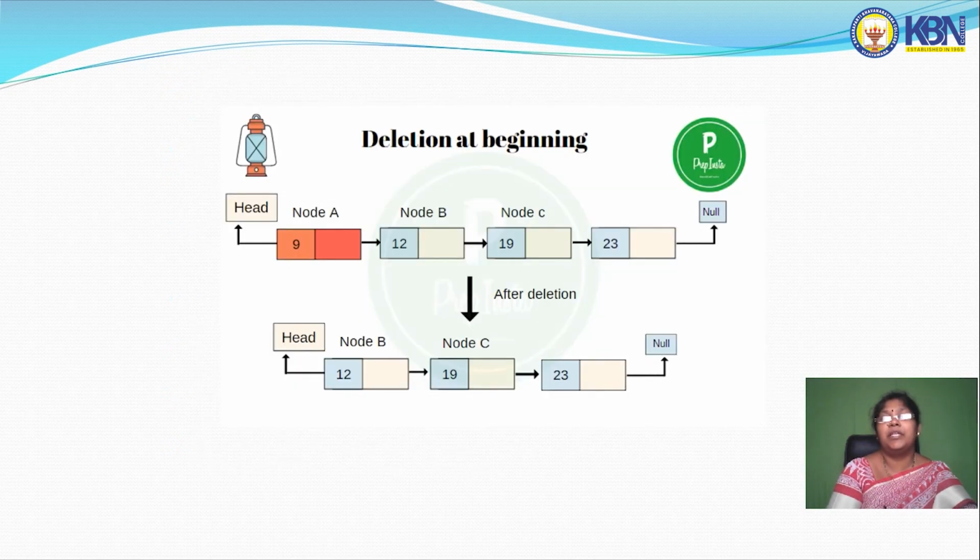See in the beginning, head equal to node A. By deleting the element, the head will move to the next location. After deletion, head equal to B and the next node equal to C. Why? Because we deleted the first element, node A. Okay, so in the same way we can delete every one.